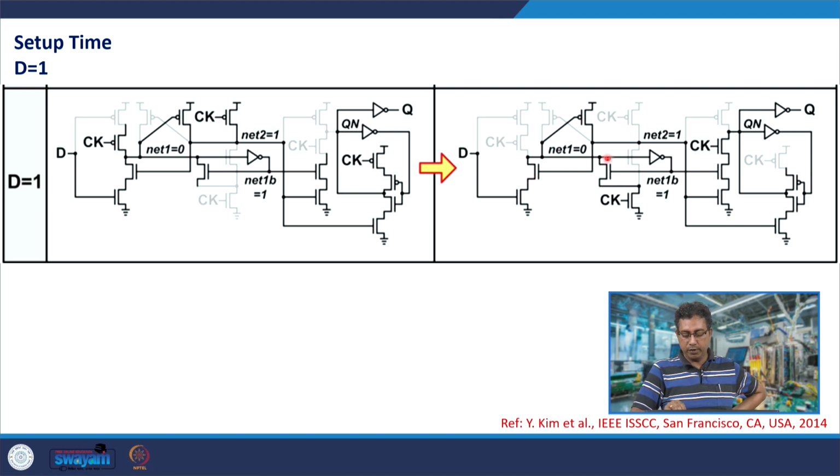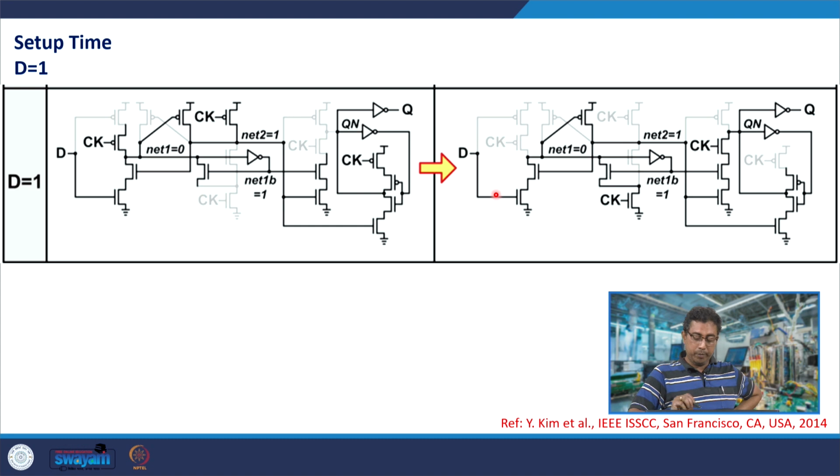Otherwise, if net 1 is not sufficiently discharged, net 1B would not be sufficiently charged high, and therefore you would not connect net 1 to ground through this transistor, and also this transistor would not be sufficiently on, and therefore QN may not discharge within time.